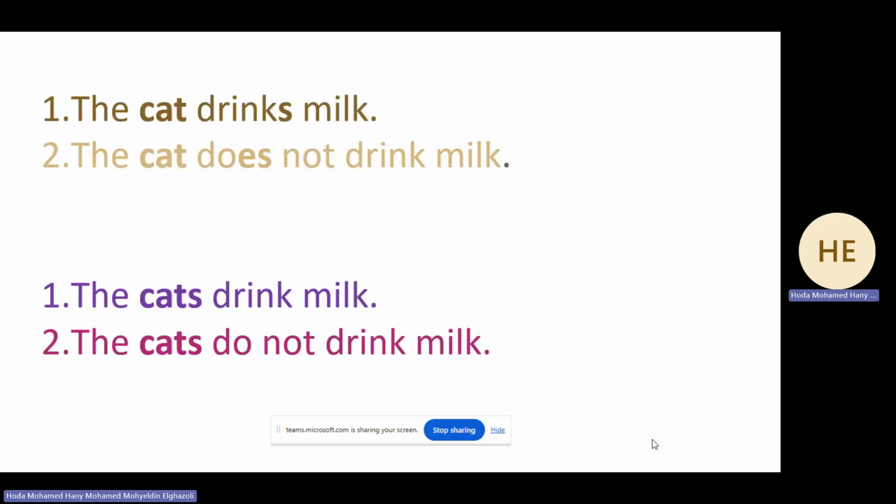The cat does not drink the milk. The cats drink milk, plural. Cats drink. We don't change the verb. The cats do not drink the milk. Do not in the plural form.